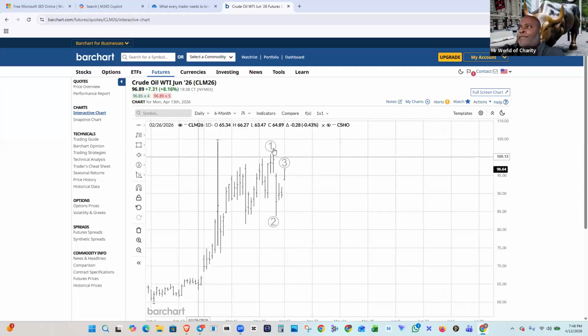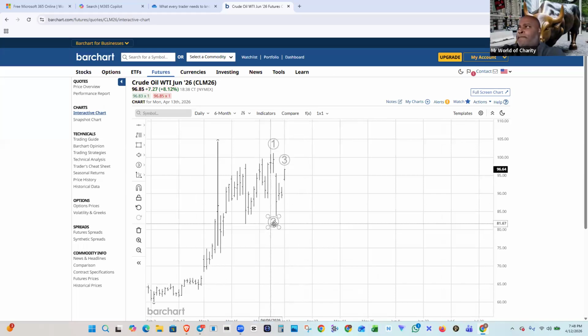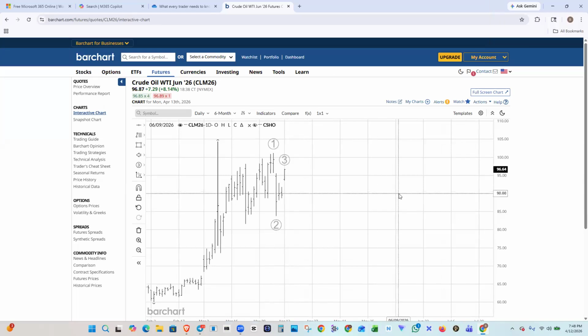That number 1 on the chart would be the highest price, or what? Starts with an R. Resistance? Yeah, resistance. There you go, very good. What is the number 2? Support. Yeah, that's correct.